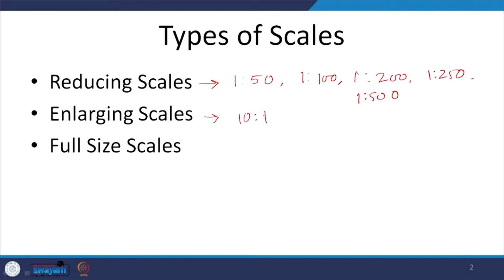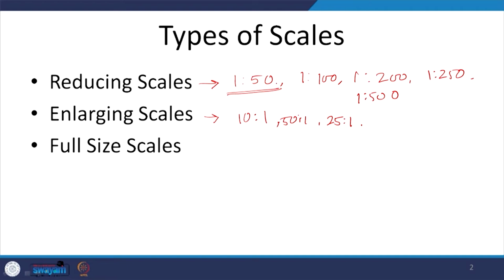So, 10 units represented on the sheet are actually representing just 1 unit of the real object. 10:1, 50:1, 25:1, it could be any, depending upon the need. Now, how do you decide what scale is to be followed? Usually, there are some standard scales. The ones that I have written are usually the common ones used, the standard ones.